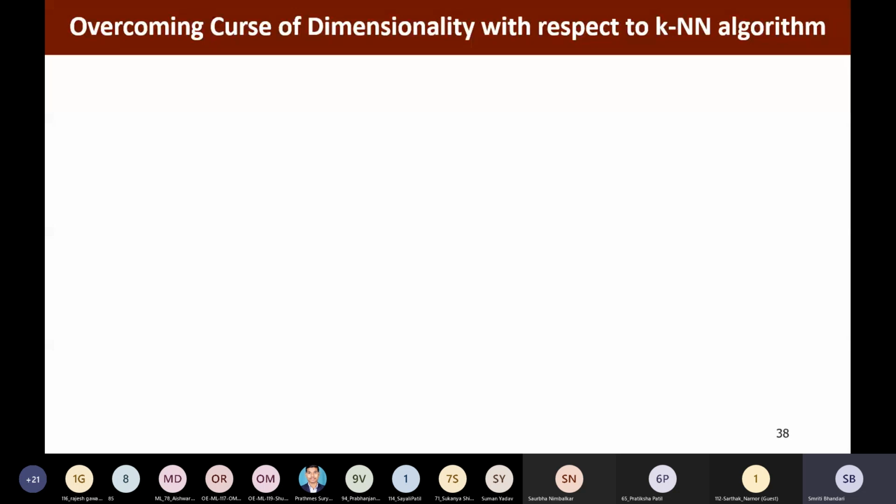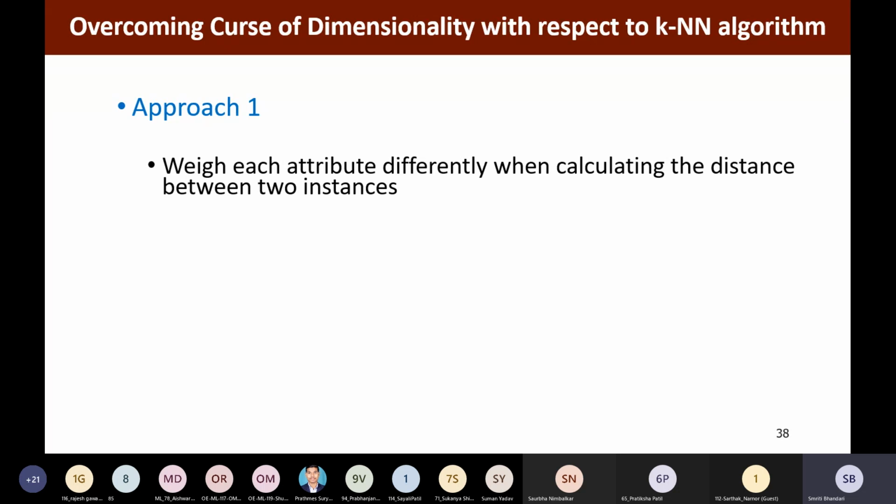For KNN, we have two approaches. The first approach is that we should weigh each attribute differently when calculating the distance between two instances.